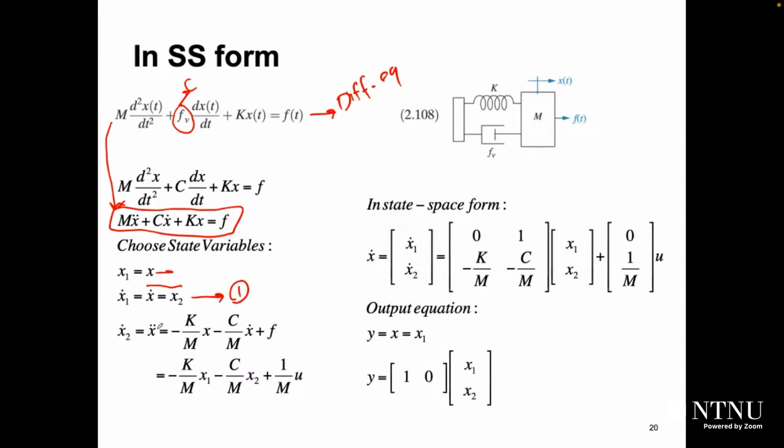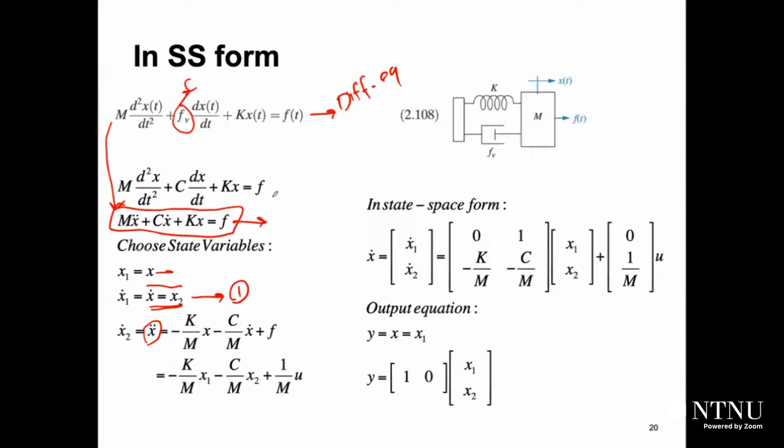We will differentiate this equation one more time. So x2 dot equal x double dot. In fact, x2 was the speed, so x2 dot will be acceleration. So x2 dot equal x double dot, and we will substitute into this equation to get x double dot.